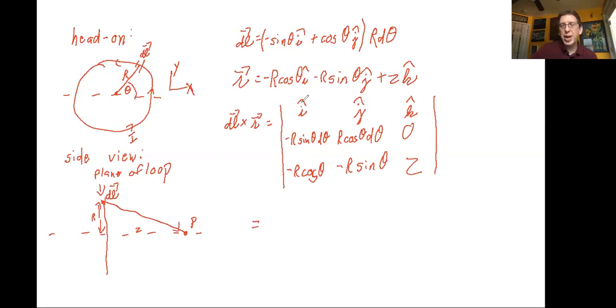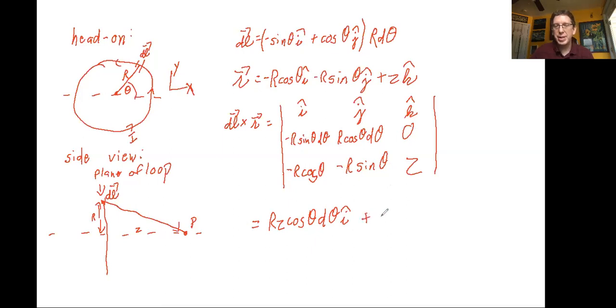In the i hat direction, you have capital R cosine theta d theta z minus 0. So we've got Rz cosine theta d theta i hat. In the y direction, that's 0 minus, and you have a negative R, so that's positive R sine theta d theta times z.